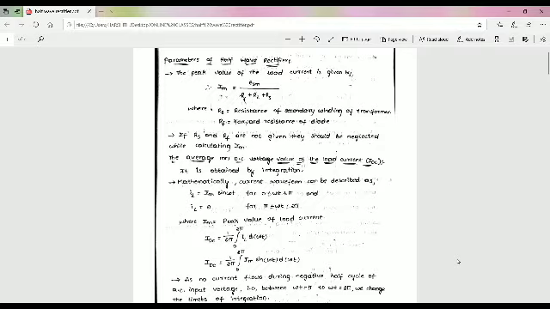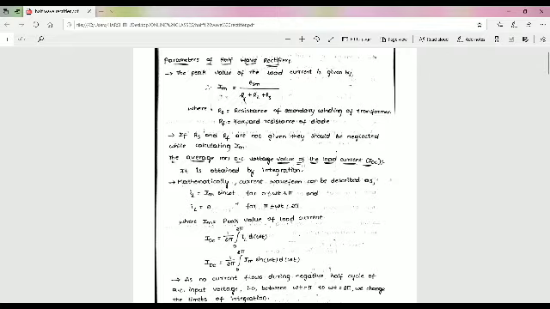So IDC equals 1 by 2 pi times the integration over one full cycle, limits 0 to 2 pi, of IL d omega t, where IL equals Im sin omega t.